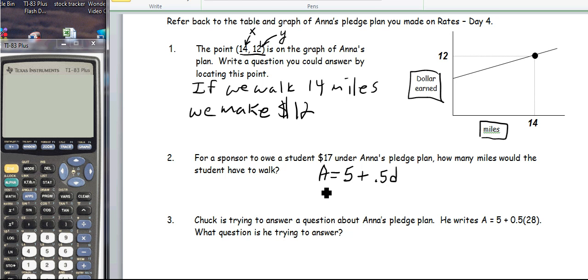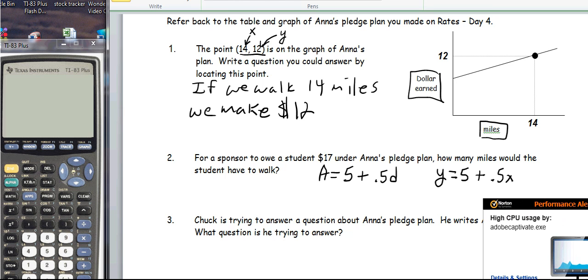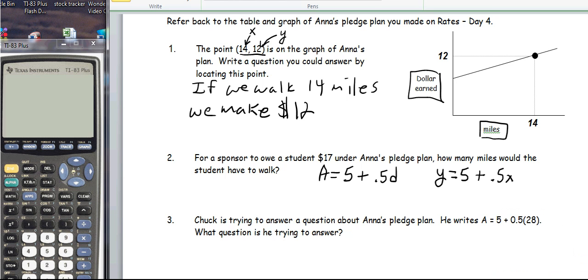I'm going to rewrite this. Our dependent is usually a y, the initial value plus 50 cents per mile. And whenever we have that per or each, whatever follows it is usually your independent variable.